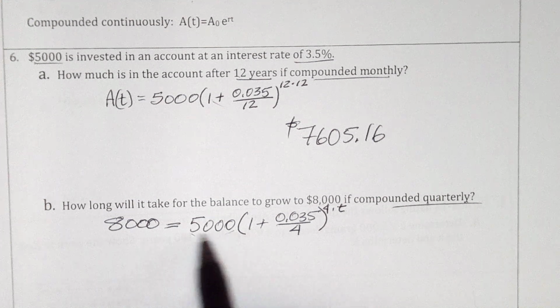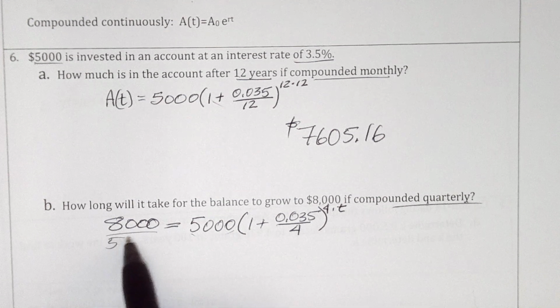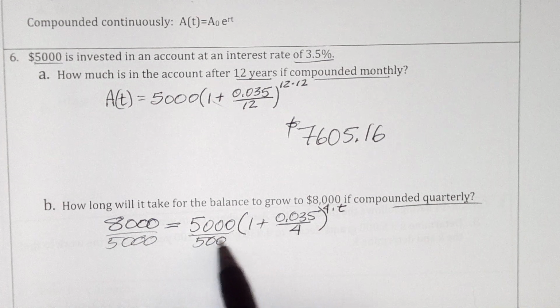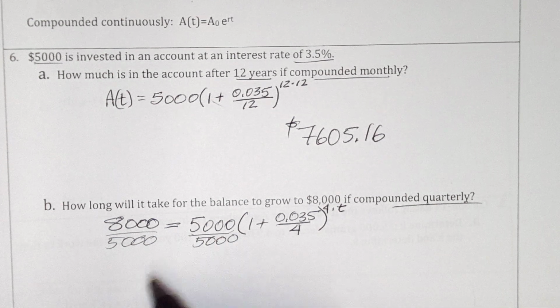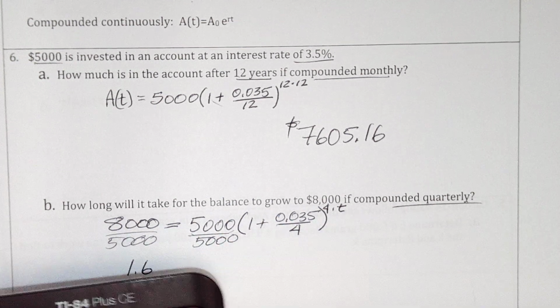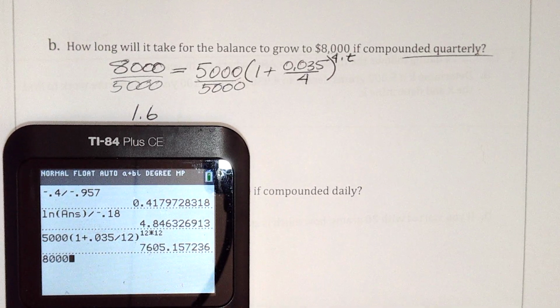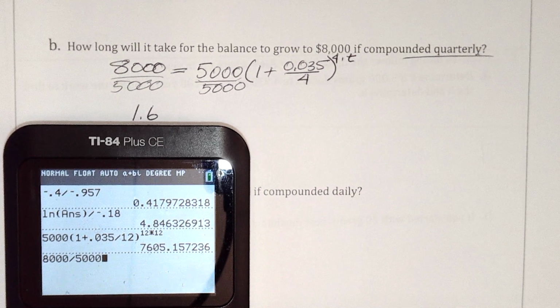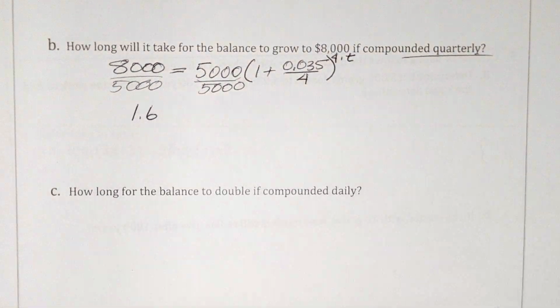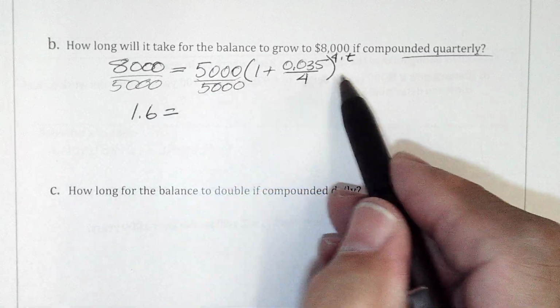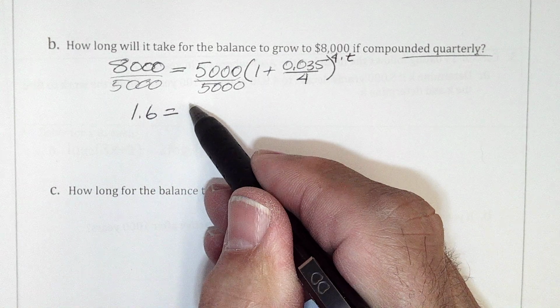So I'm going to divide by 5,000 on both sides. And I believe that is 1.6, just so you can see it. 1.6 equals, and the reason I'm dividing that out first is I want to get it down to a single base.